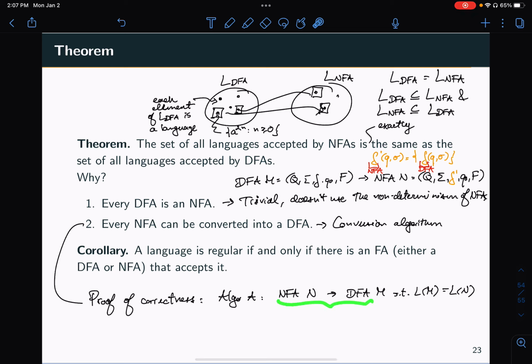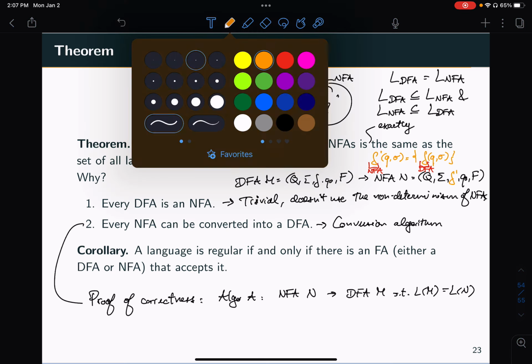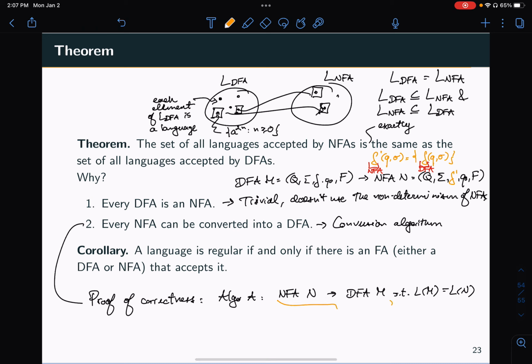Certainly the first is true. By inspecting how the algorithm works, you can see that you're never going to introduce non-determinism. This part would be relatively easy to argue. You just have to argue that non-determinism is completely removed.